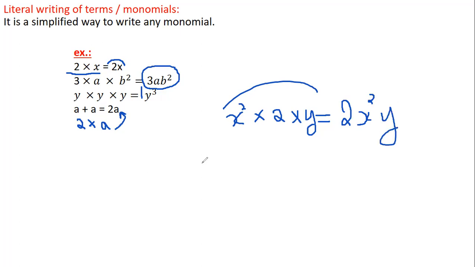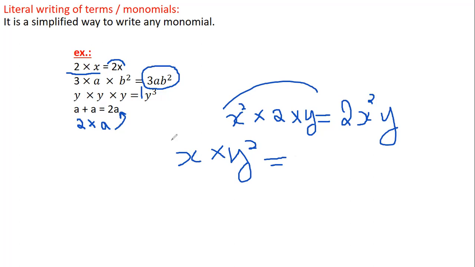Again, I will give you another example. For example, I'm multiplying x times y squared. I want to write it in a simplified way. First, I need the sign. What's the sign of x? It's positive. What's the sign of y squared? It's positive. So positive times positive is positive. I don't write it. What's the coefficient of x?